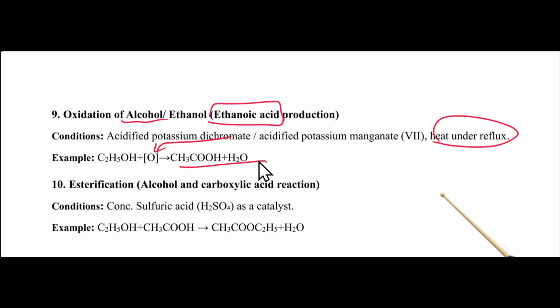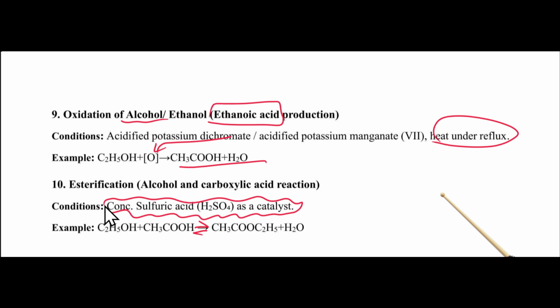The 10th one is esterification, alcohol and carboxylic acid reaction. Whenever alcohol and carboxylic acid react, you will get what? You will get an ester and a water molecule. So this reaction is usually reversible, and to avoid this, concentrated sulfuric acid is added as a catalyst.